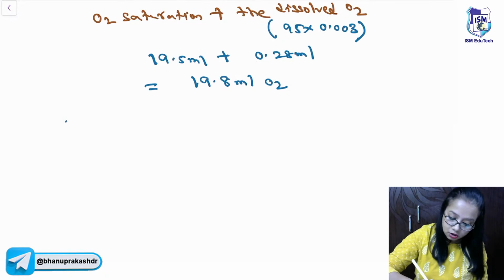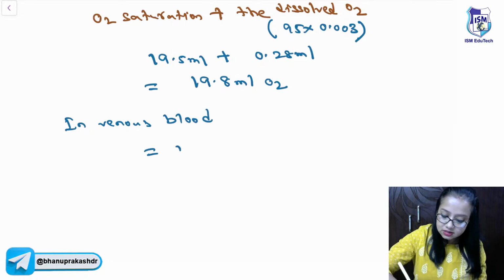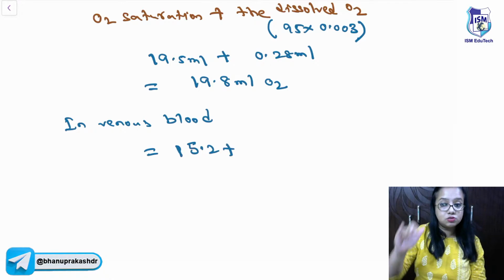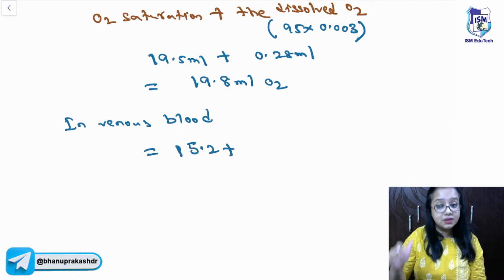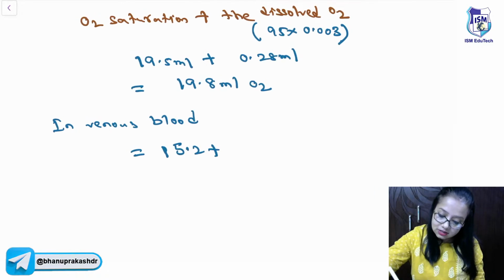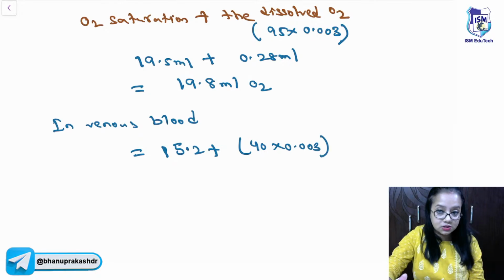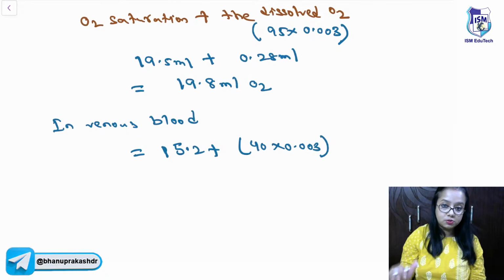Whereas following the same calculation in venous blood, it is 15.2, because in venous blood the saturation is much less. It is 75% saturated, and here it is 40 into 0.003, because 40 is the partial pressure. In the venous blood, the partial pressure drops to 40.